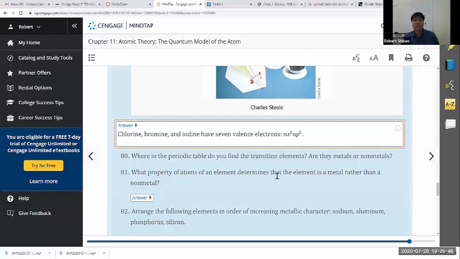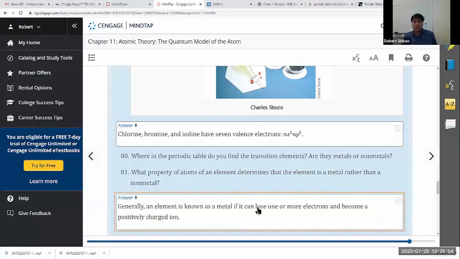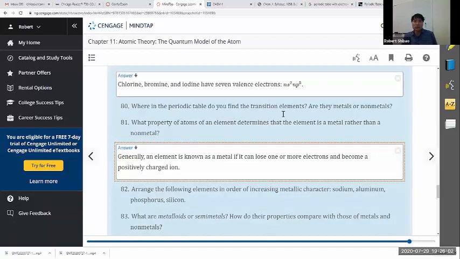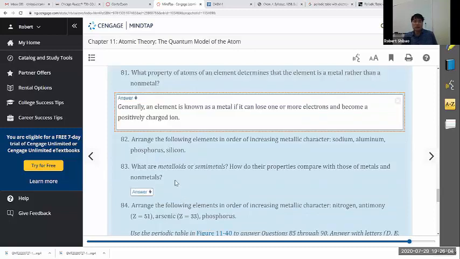What property of atoms? I'm not sure what they're talking about here. Oh, this is a chemical property. What chemical property would be losing electrons? Metals are reducers. They tend to lose electrons in chemical reactions.